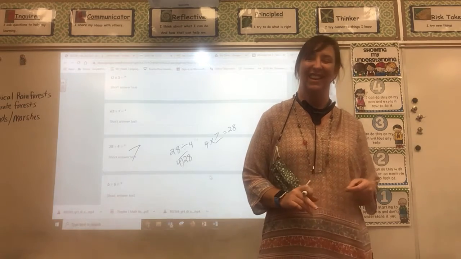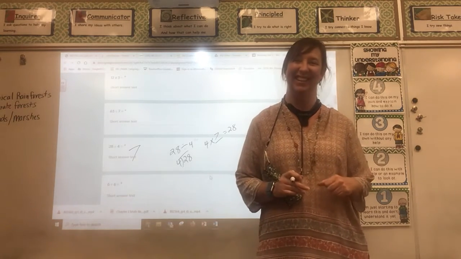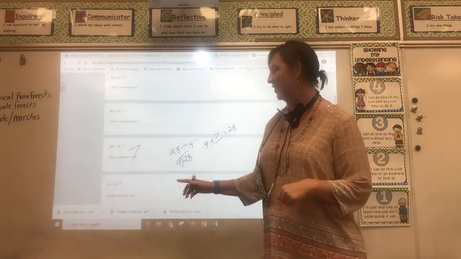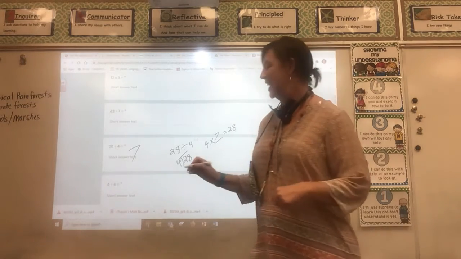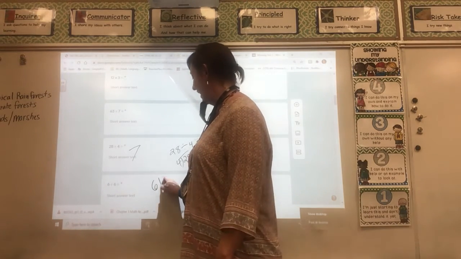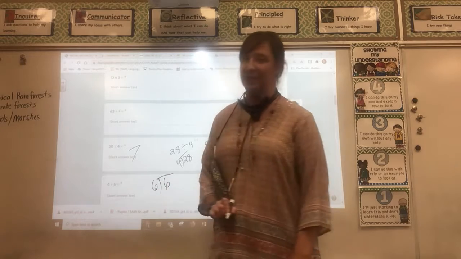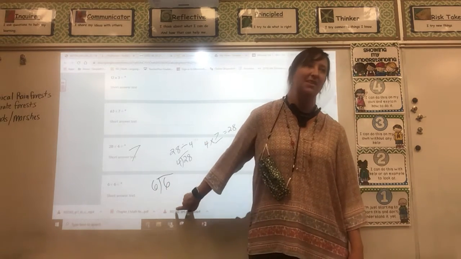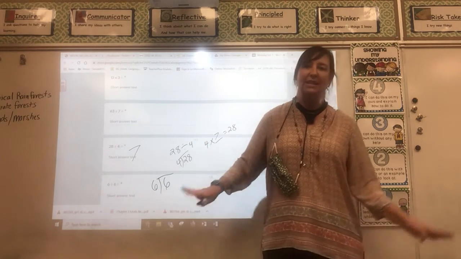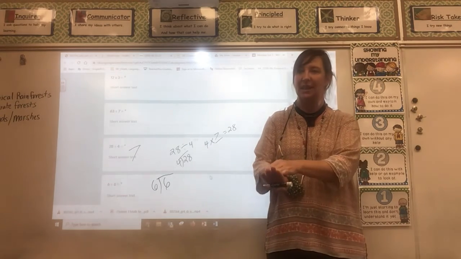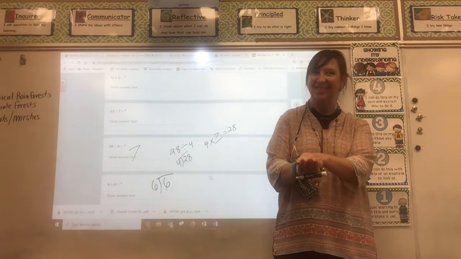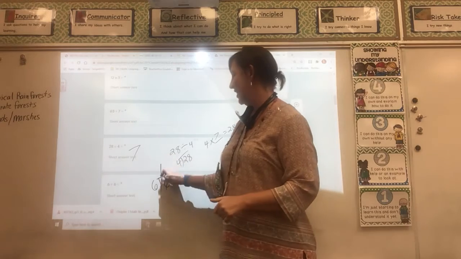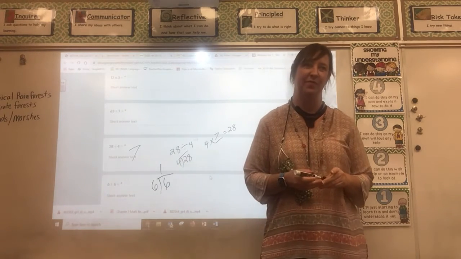All right, the next problem is 6 divided by 6. This is what this looks like if you write it differently. That might be easier for you because you can see that 6 goes into 6 how many times, Gio? 1 time. And so you can see it goes in 1 time.